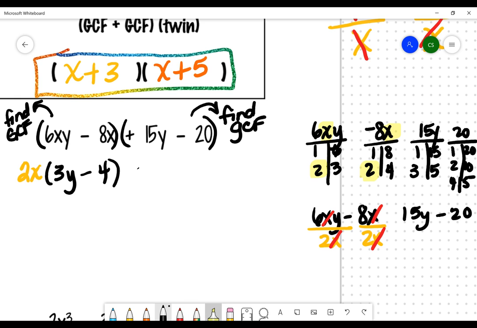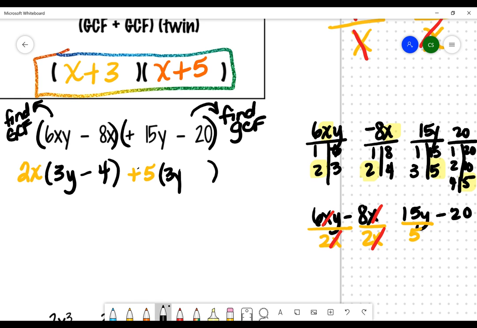Well, what about 15y minus 20? What is the greatest common factor between these terms? 5. They don't share any y, so I can't factor it out. So I can factor out a positive 5. Well, when I factor out a positive 5, what does it leave behind? 15y divided by 5 is 3.